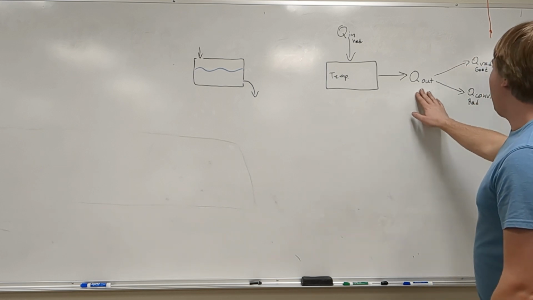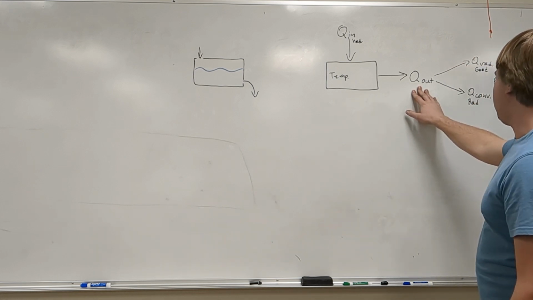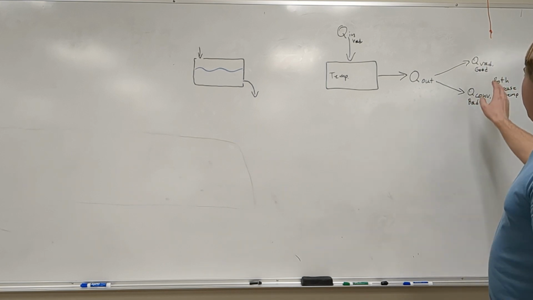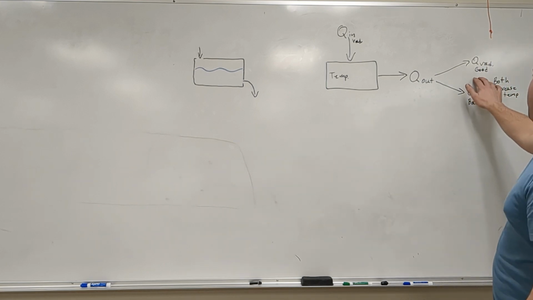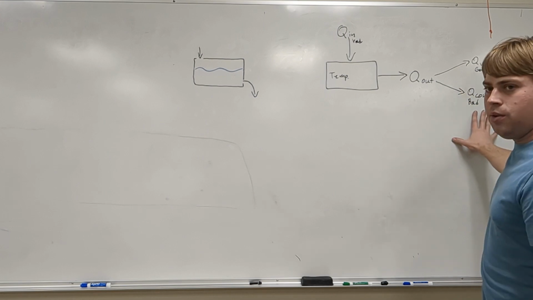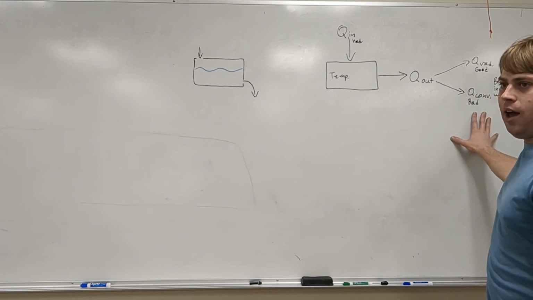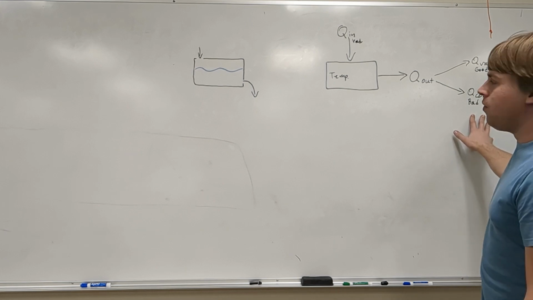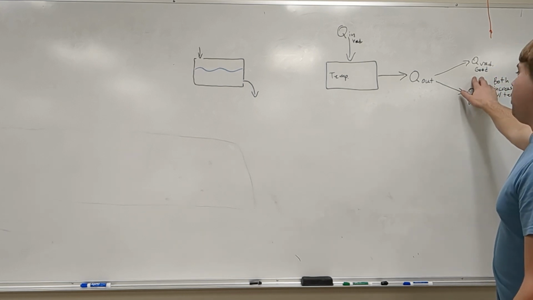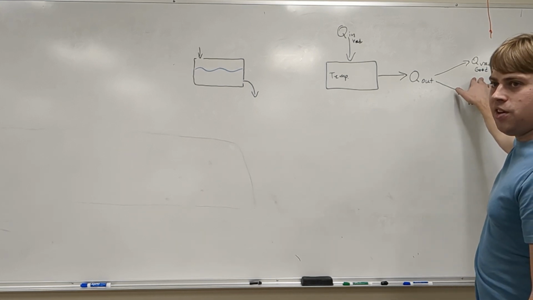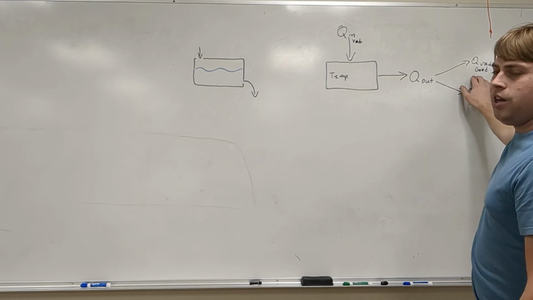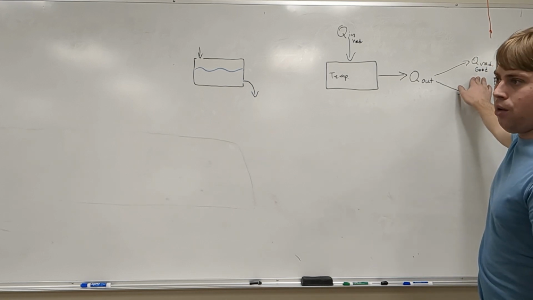There are two ways the energy can leave: it can be convected or radiated. If it's convected, it goes to the outside atmosphere and increases the temperature of the surrounding air. If it's radiated, it has a chance to go to space and not heat the surrounding air. So radiated heat transfer is more desirable.